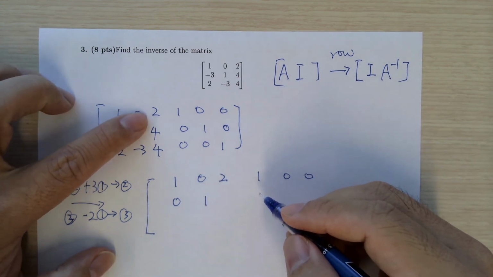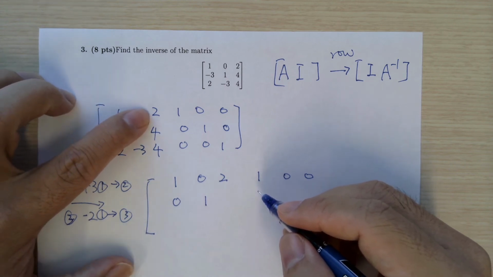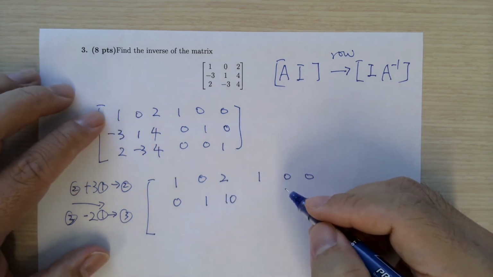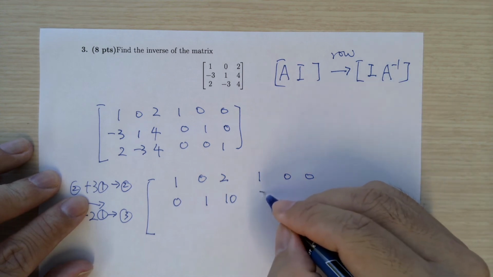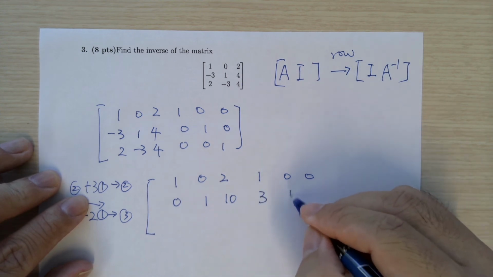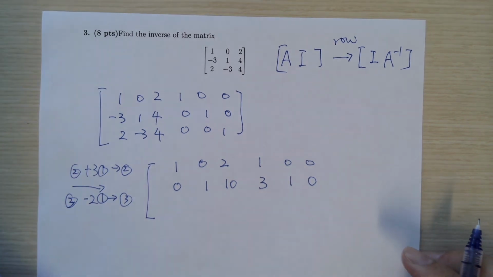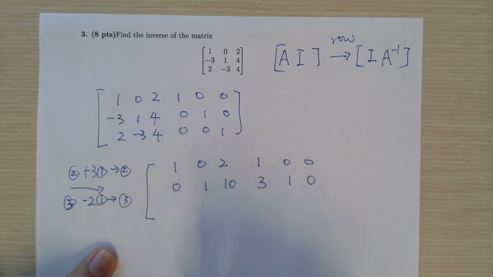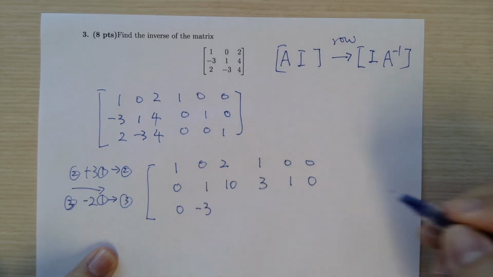For this part, it's 3 times row 1, so it's going to be 6. So this is a 10, and you add 3 times row 1, so it's going to be 3 1 0, right? Row 3, we use row 3 minus 2 times row 1, so this part becomes 0. This is negative 3, okay.